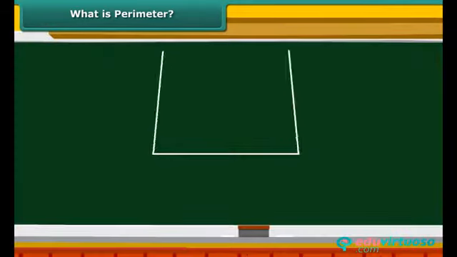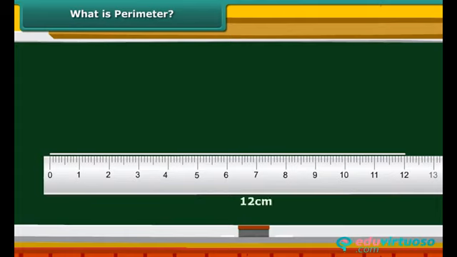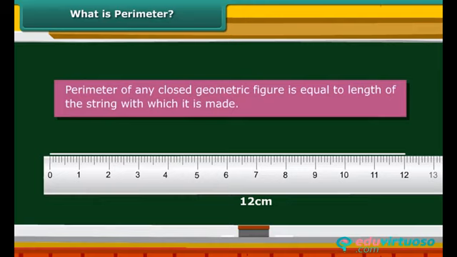Unite the string and measure its length. The length of the string is the perimeter of the chosen geometric shape. We can generalize by saying that the perimeter of any closed geometric figure is equal to the length of the string with which it is made.